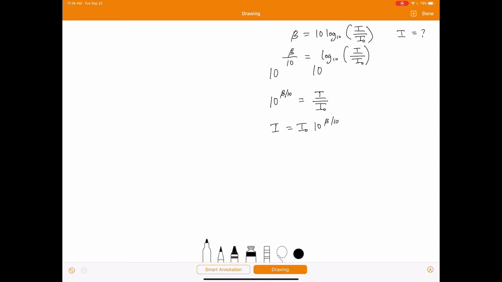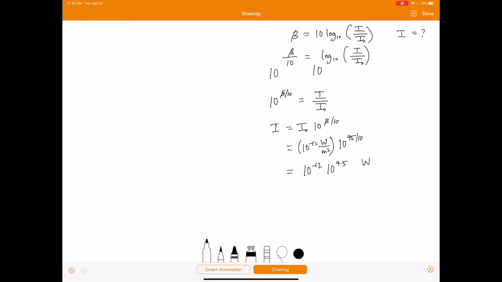Okay, so at this point, let's plug in what we know. I naught is equal to 10 to the minus 12 watts per square meter. And then we have 10 to the power of beta, which is 95, divided by 10. Now, what we're dealing with is 10 to the minus 12, multiplying 10 to the 9.5 power, because 95 over 10 is 9.5.